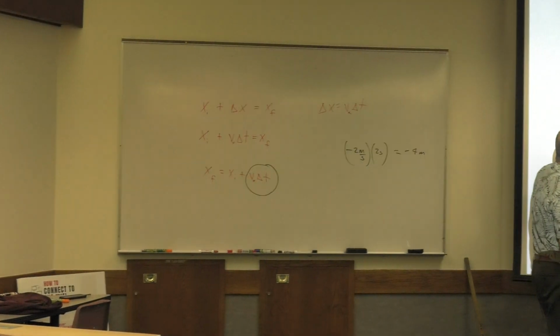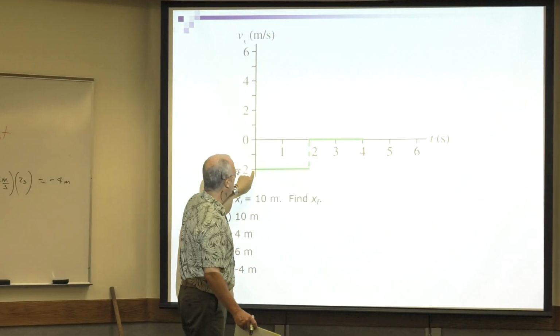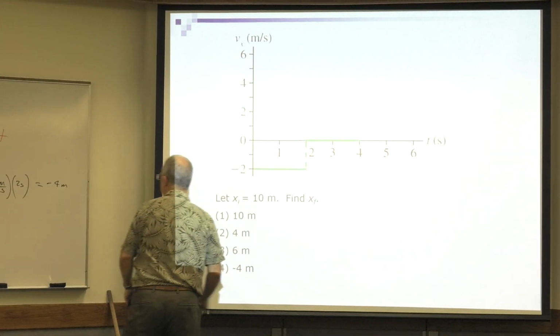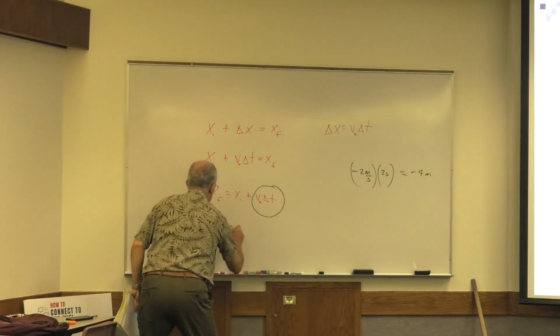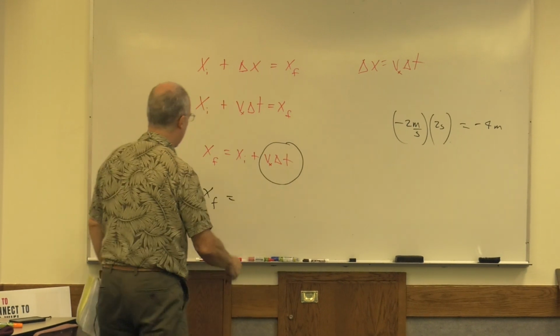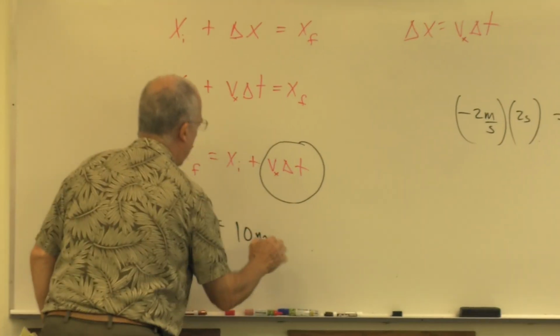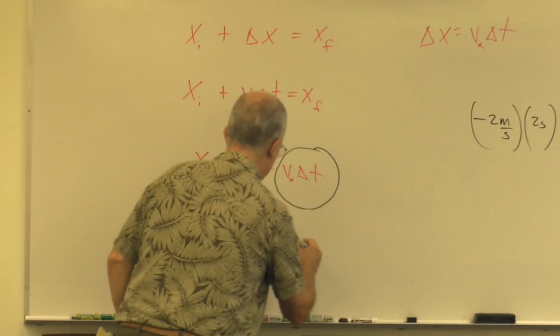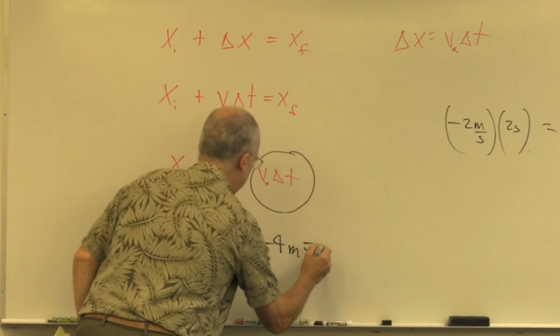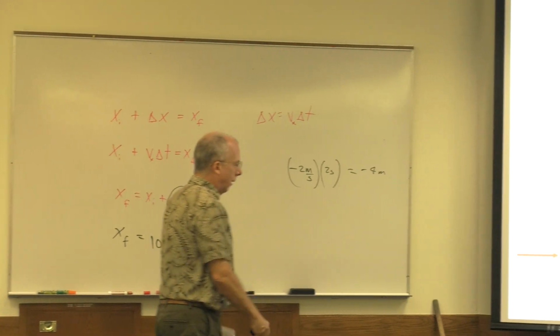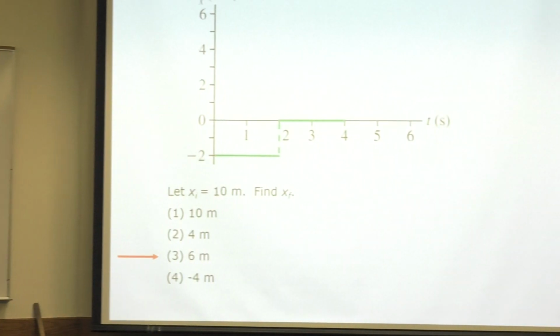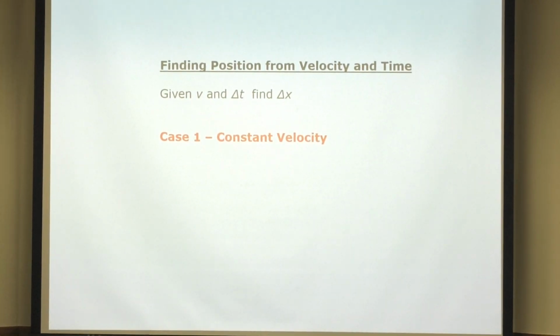So v delta t is minus 2 times 2, so it's minus 4 meters. So x final equals x initial, 10 meters, plus minus 4 meters, and we get 6 meters. That's all. So all I'm trying to say is this is a piece of cake.